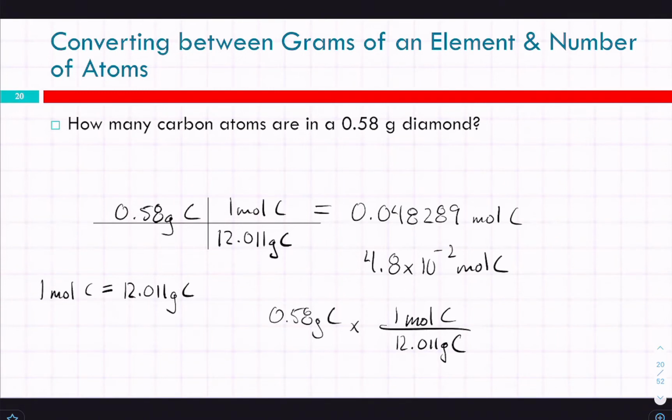So it might be tempting to try and memorize that if you have grams and you want to go to moles, you divide, or that if you have moles and you want to go to grams, you multiply by the molar mass. But I would encourage you to continue thinking about it like a unit analysis problem like this. Don't try and memorize this as a formula.